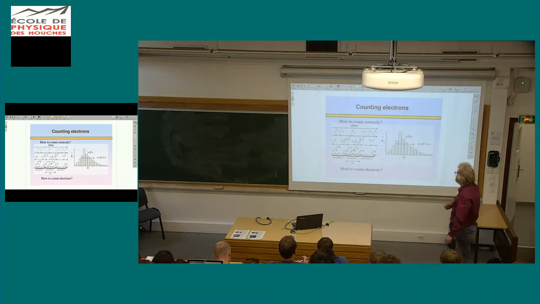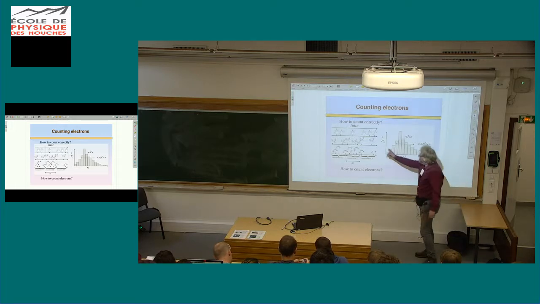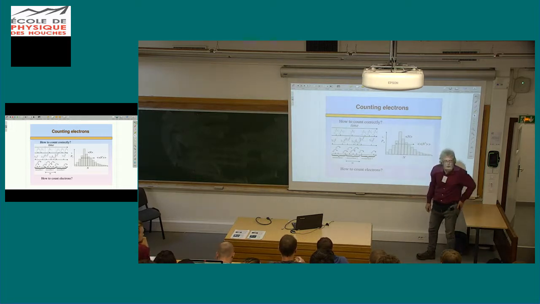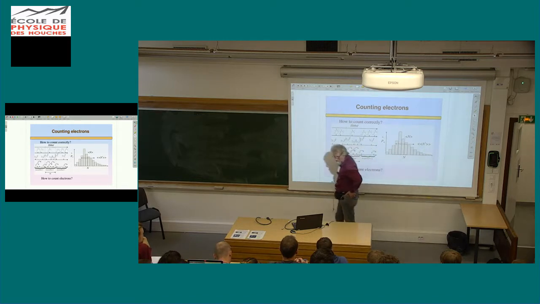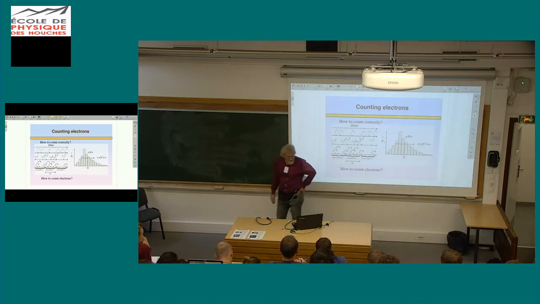First of all, from this histogram, from this probability distribution, we can understand what's the average current, and then the spread of the distribution. It will give you a value of noise, an error.